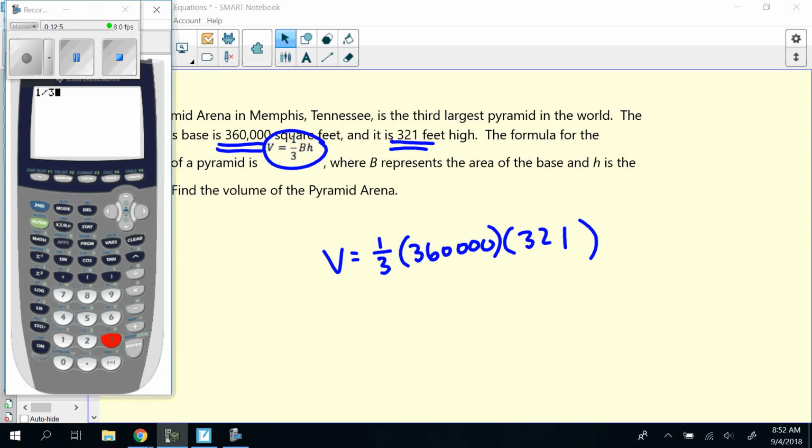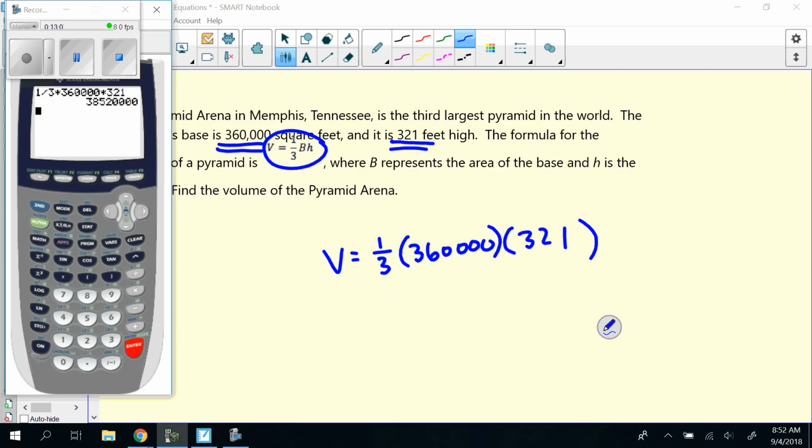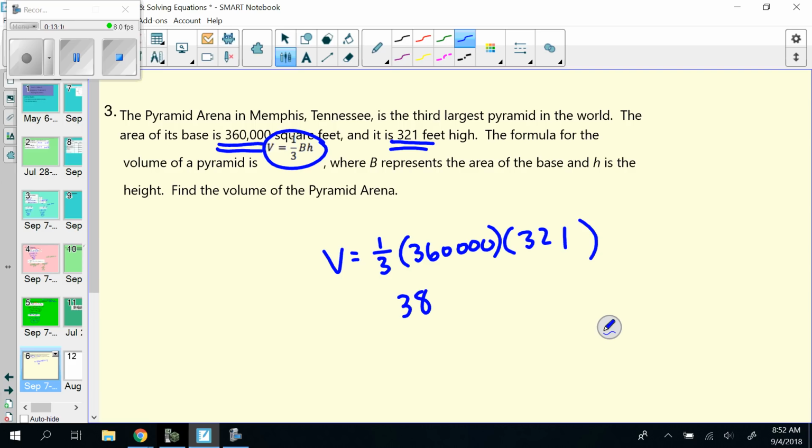So 1/3 can be written like that, times 360,000, and then times again 321. And it looks like we come up with an answer of 38,520,000. On word problems, you should be writing down units just to make sure that we put in the correct units here. Everything was in feet, so this would be in cubic feet.